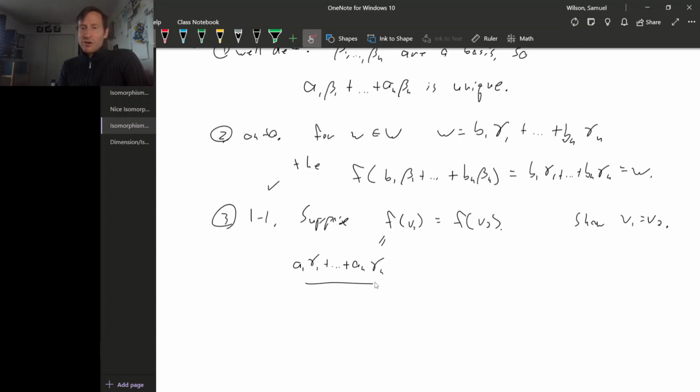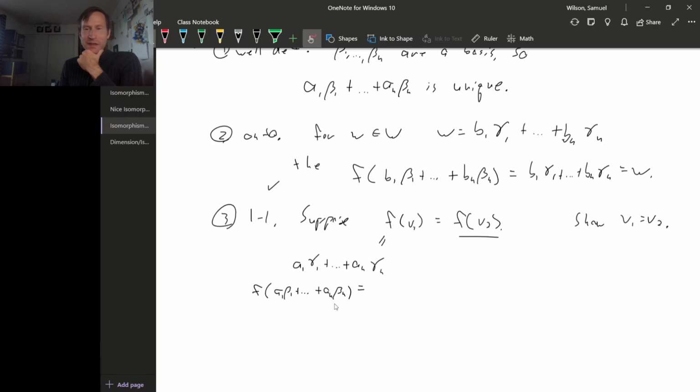But this also expresses f of v2 as a linear combination of these basis elements. And a1 gamma 1 plus dot dot dot up to an gamma n, this is f of a1 beta 1 plus dot dot dot plus an beta n.